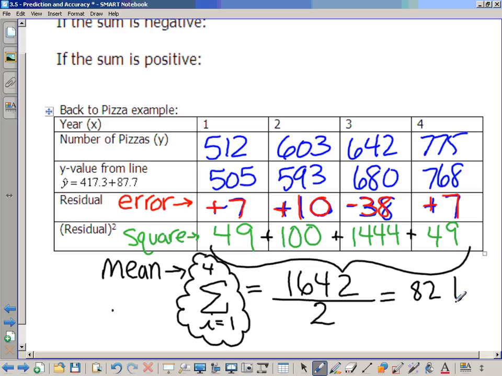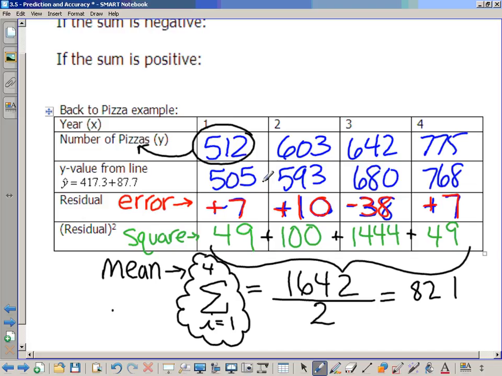And we're not done. Here we are, talking about the number of pizzas that we can sell in year 5. Well, we have this number now, 821, which means nothing. And here's why. This 512 that you see right here was the number of what? Pizzas.